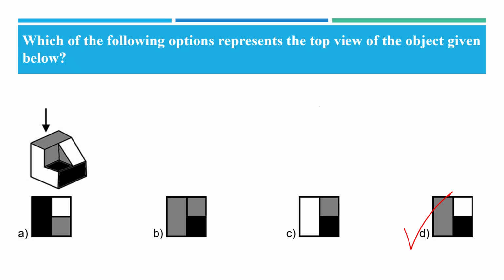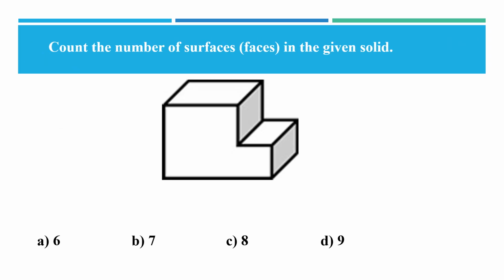Great. Moving on to the next question. Count the number of surfaces, that is faces, in the given solid. As you all know, whenever a 3D object is given, we have a front portion. Obviously, there will be a back portion, left and right, top and bottom.